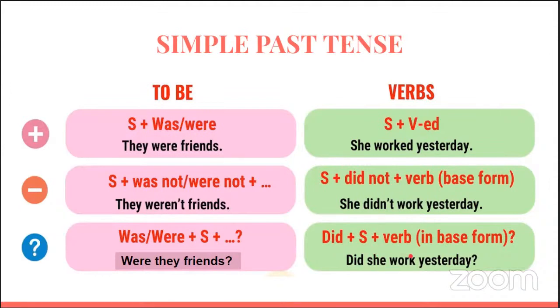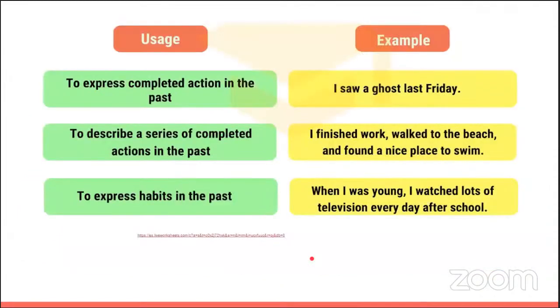All right. So whenever you want to get more specific information about something, you are going to be applying the WH question word. And as you know, we can use the simple past tense to express completed actions in the past, like I saw a ghost last Friday.